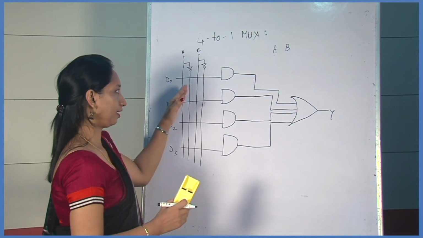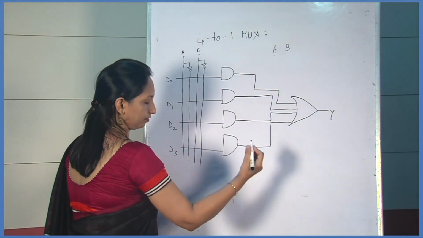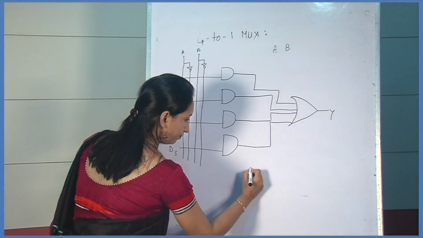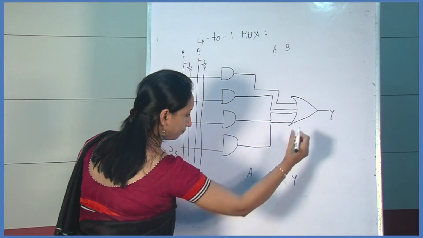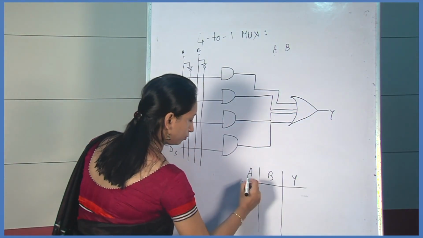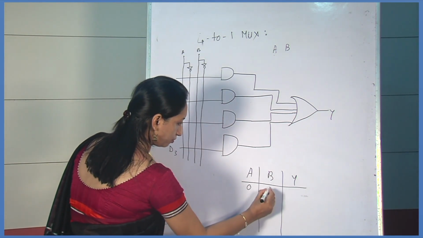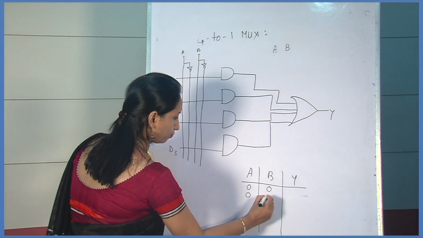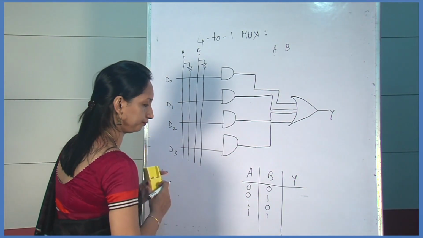So how do we apply the inputs to these gates? Let us see it from the truth table. Suppose the inputs are A, B and the output is Y. For 2 bits, the input combinations will be 0 0, 0 1, 1 0, then 1 1.